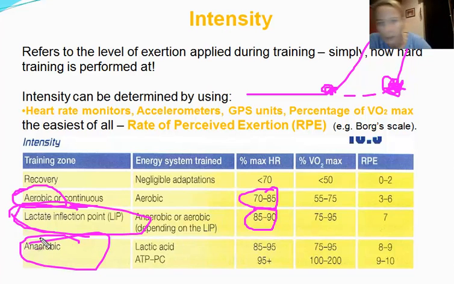Finally, anaerobically, if we're using no oxygen, we're using the anaerobic energy system, so that's anaerobic glycolysis and the ATP-CP system. That's an intensity of over 90%.